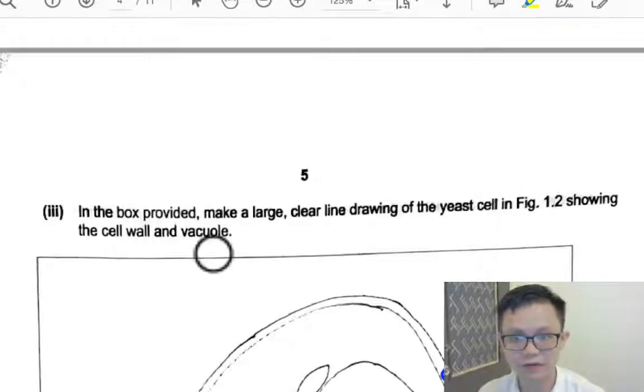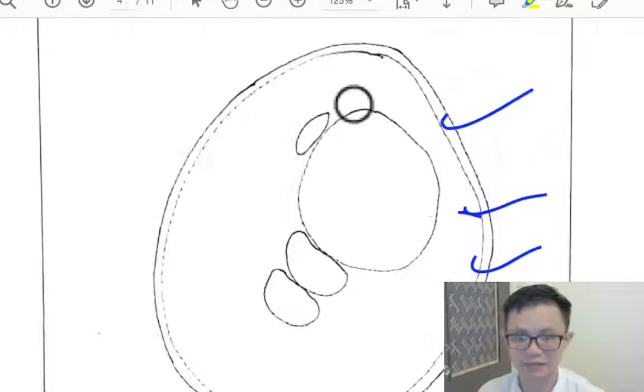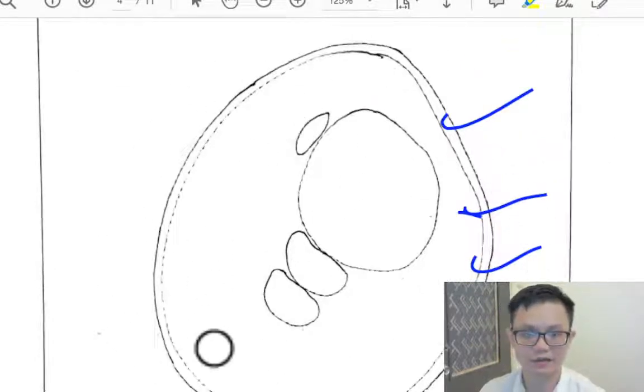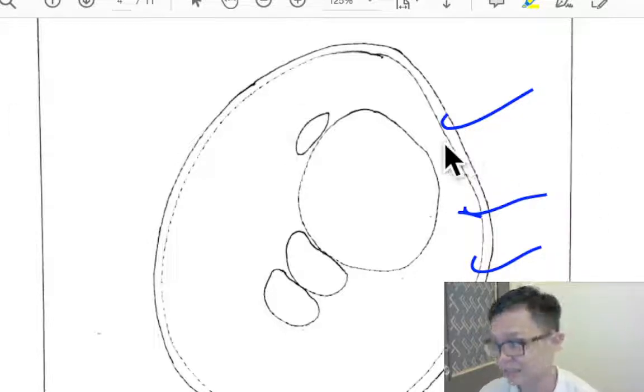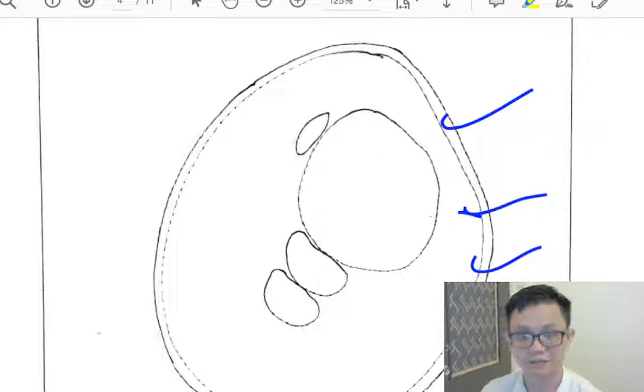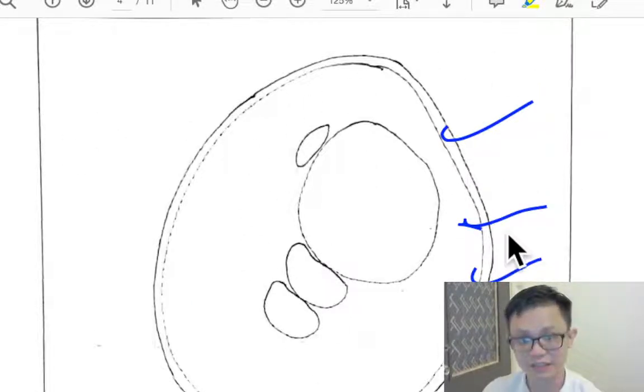In the box provided, make a large drawing. Very good, I like this picture. Very big. It should be at least half of the paper. So the student got 3 marks first, because the first mark is for a clear image with a continuous outline, meaning it's round, a finished figure.